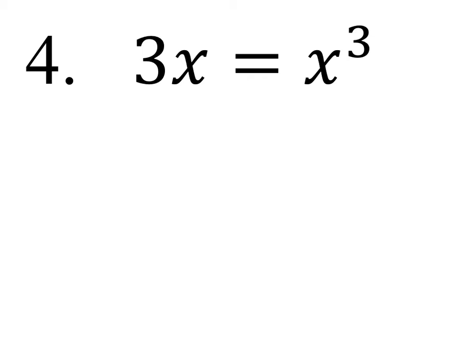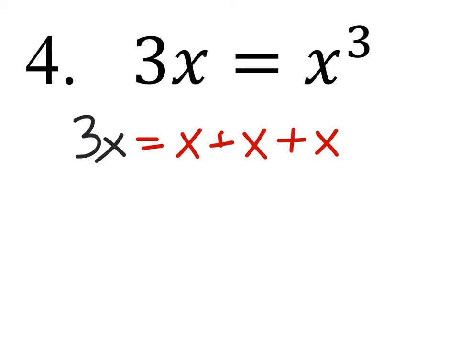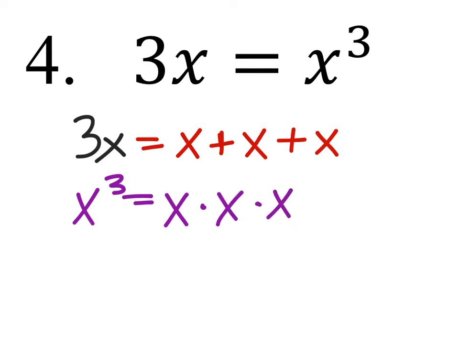Exponents is repeated multiplication, right? So, for example, 3x would be x plus x plus another x, 3 x's. And then x to the power of 3 would be x times x times x. You get very different answers for any number that you put in for x right there.